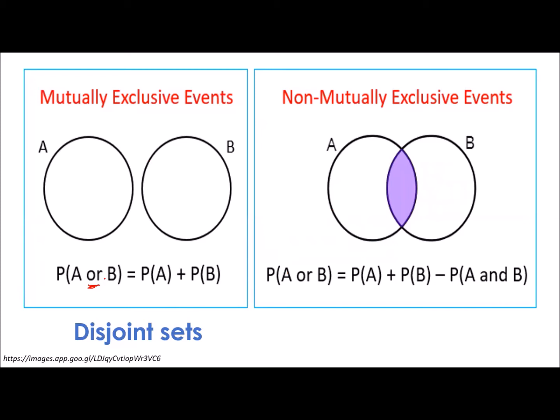And then, on your right, we have here the non-mutually exclusive events kasi may commonality sa kanila. Kaya, mina-minus yung common. Okay, so that is the common outcomes. O ito yung mga nandito sa may gitna intersection. Okay, kasi na-count mo na sa probability of A and B. So, hindi mo na pwedeng maulit pa ulit ang bilang nun. And always remember, the conjunction is or as well. Okay, I hope that is clear.